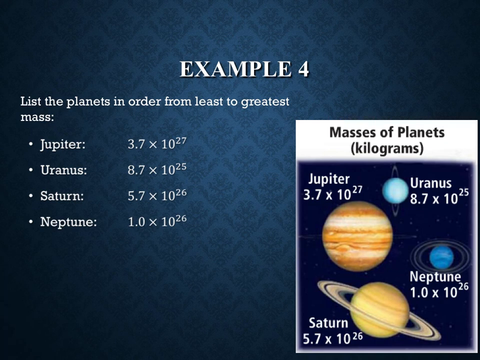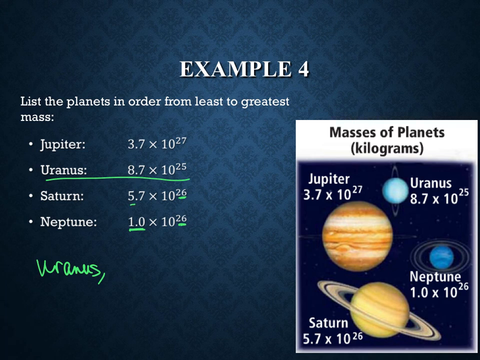So for example 4, we have a similar situation. These are all positive exponents, so for the smallest one, I'm looking for the smallest exponent, which in this case would be Uranus. So this is my smallest. Then my next largest is going to be either Saturn or Neptune, but both of them have an exponent of 26, so I'm going to look at my decimals.